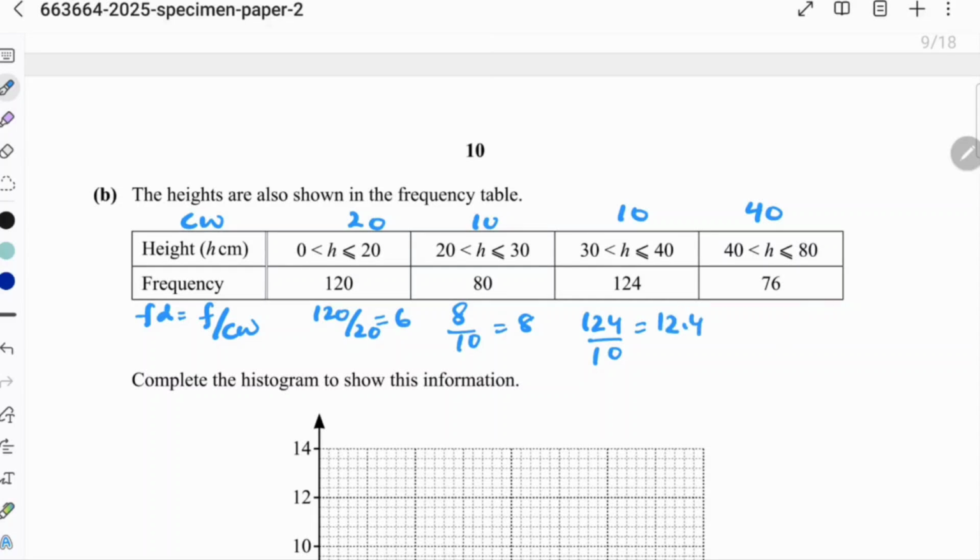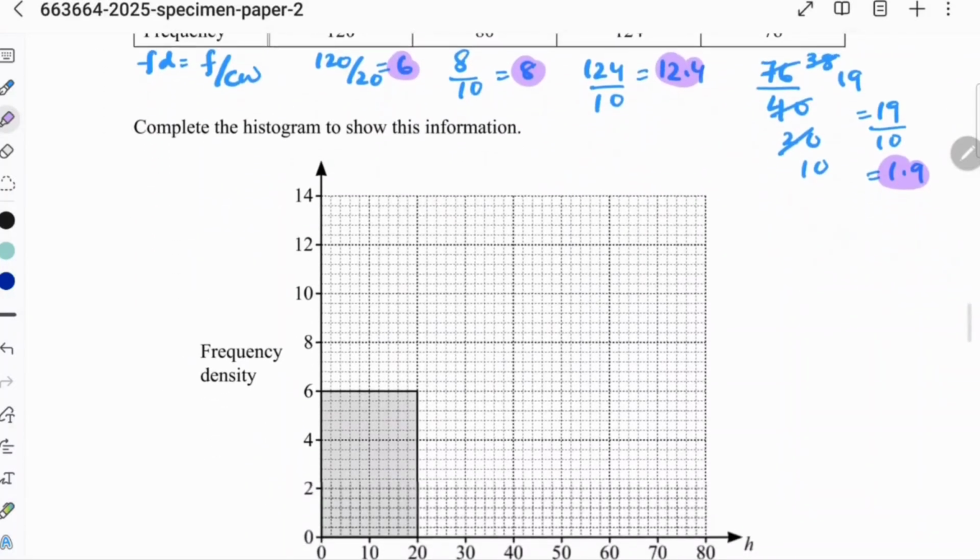And then 76 over 40: 2 times 20 is 40, and 2 times 18 is 36, so 38 over 20, which is 19 over 10, equal to 1.9. So 1.9 is the frequency density here. So 6, 8, 12.4 and 1.9 for these widths are given.